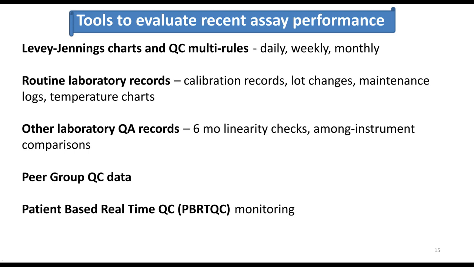We can look at other laboratory quality assurance records like 6-month linearity checks and among instrument comparisons to get clues about what is going on. There are some more sophisticated tools that we can access to evaluate recent assay performance, like peer group QC data and patient-based real-time QC monitoring that we will discuss later in the presentation.